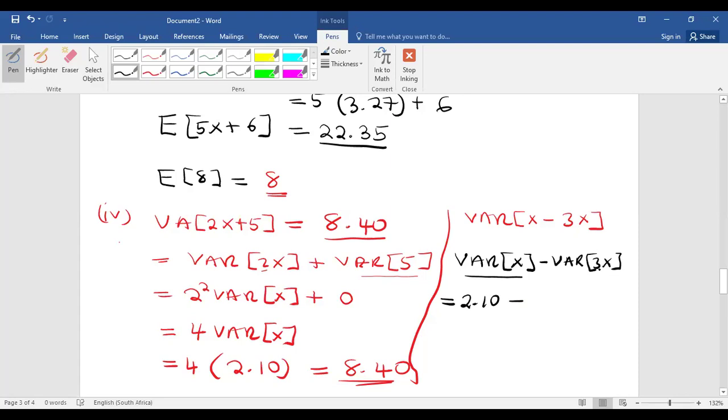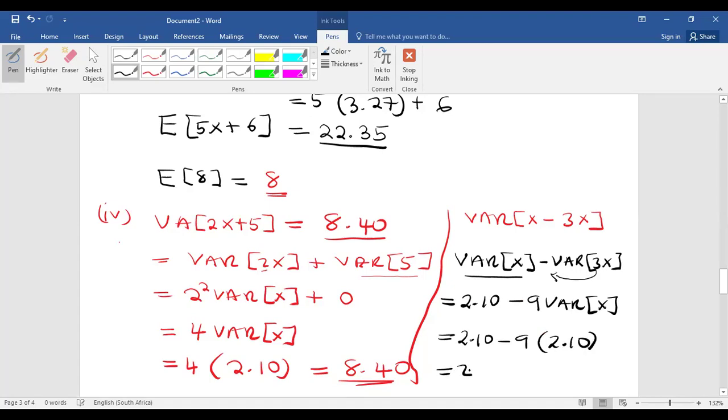Then minus, remember this is 3x. When the 3 is brought out of the brackets, it is squared, so it will be 3 squared, which is 9 times variance of x. And that will be 2.10 minus 9 times 2.10.